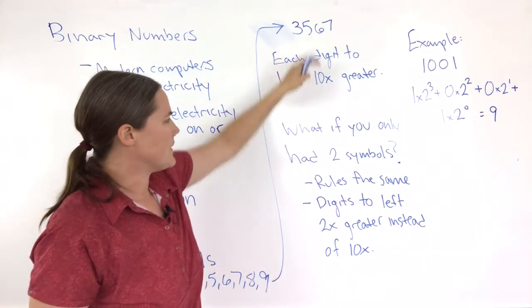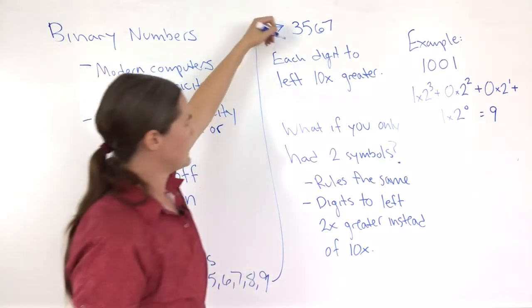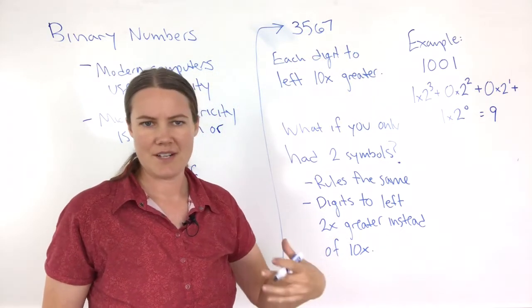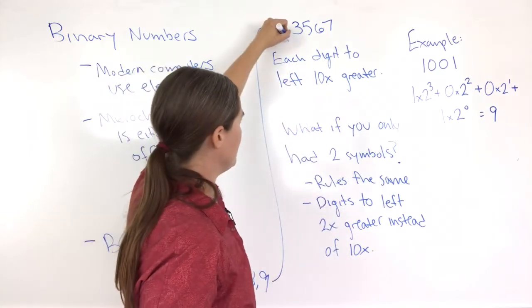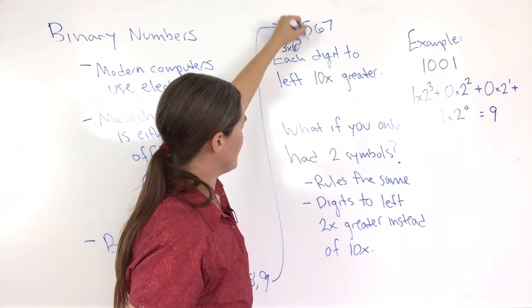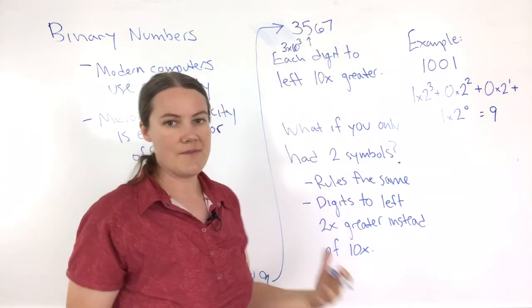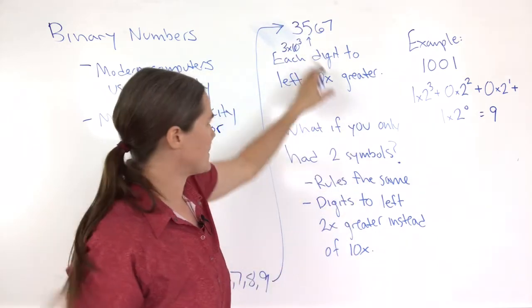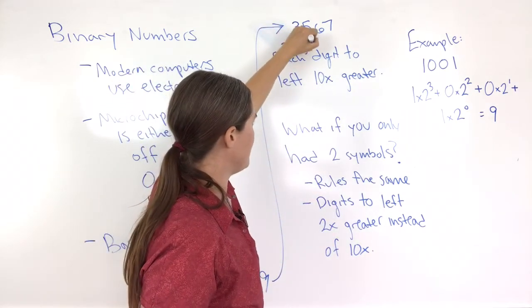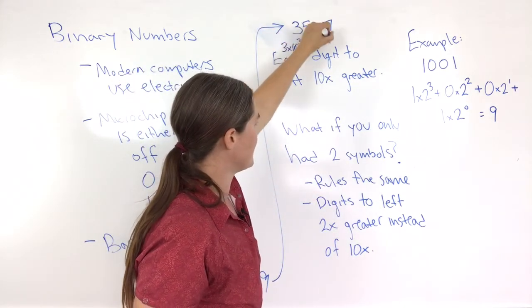3,567, the 3,000 is in the thousand spot. So this is literally saying you have 3 thousands, so this would be 3 times 10 to the third. And then the 5 is in the hundred spot, so you have 5 hundreds, this would be 5 times 10 squared.